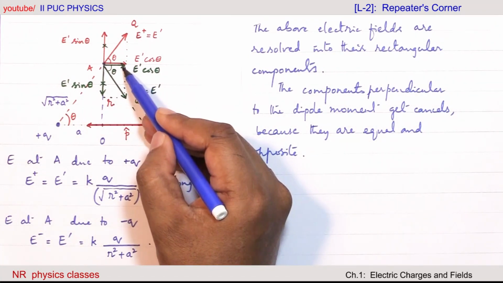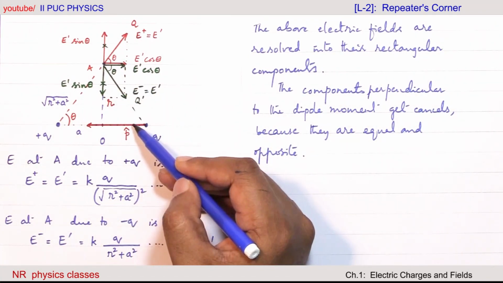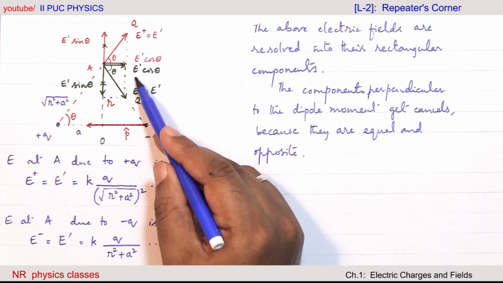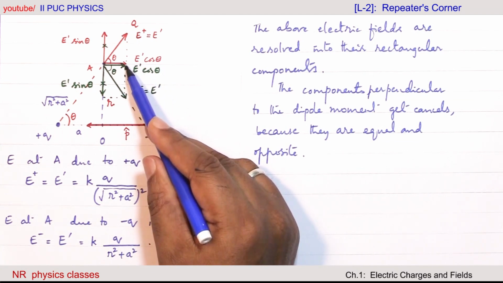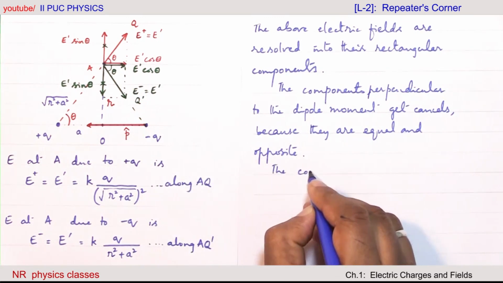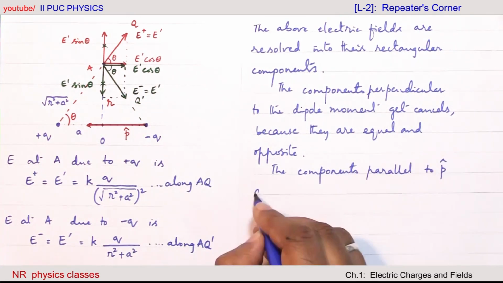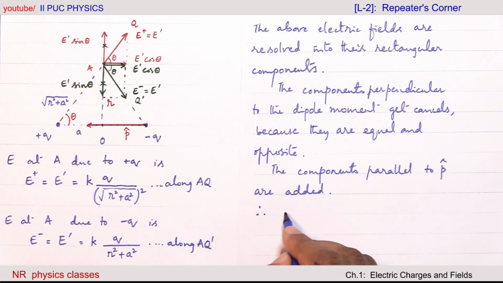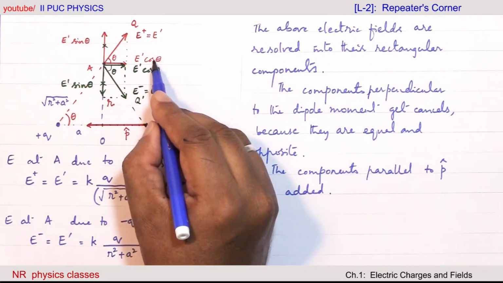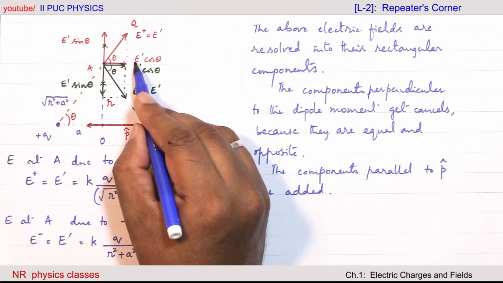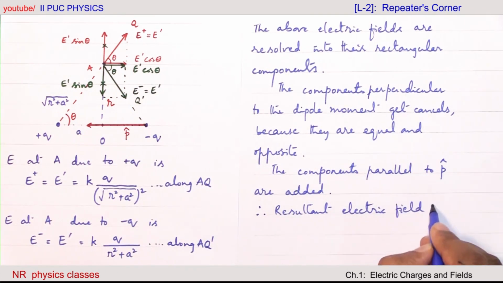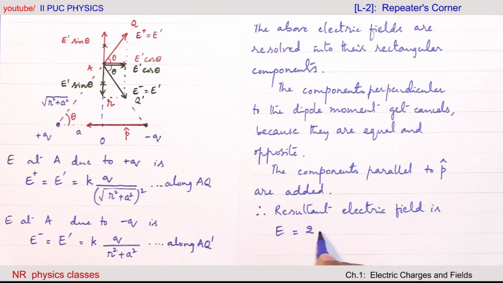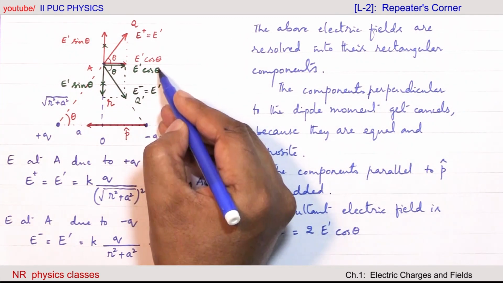The components parallel to the dipole moment, that is E dash cos theta, E dash cos theta, are in the same direction, therefore they are added. Therefore, resultant electric field is sum of these two, which is 2 E dash cos theta. E equal to 2 E dash cos theta.